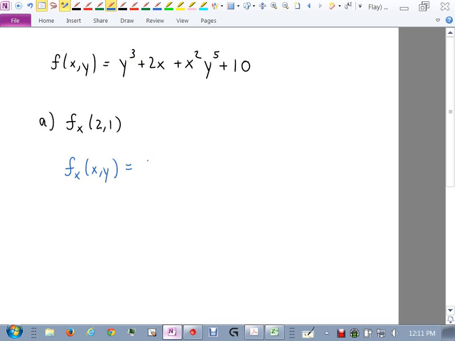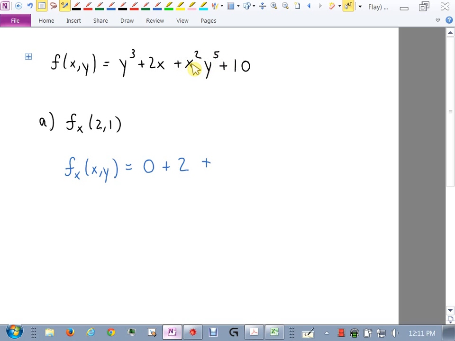It's a constant, right? Plus, what's the derivative of 2x if x is a variable here? 2. Plus, now be careful here. What's the derivative of x squared times a constant to the 5th power?